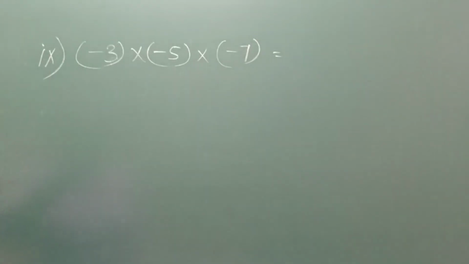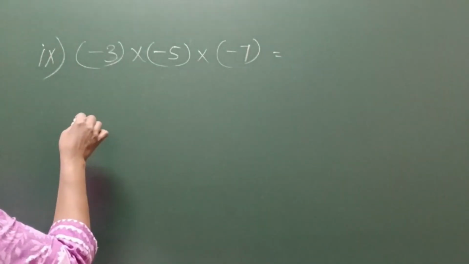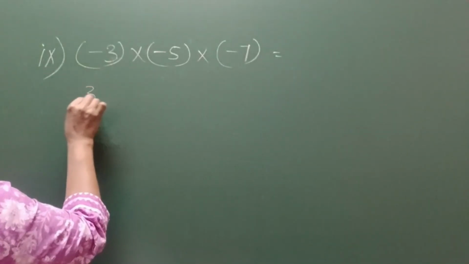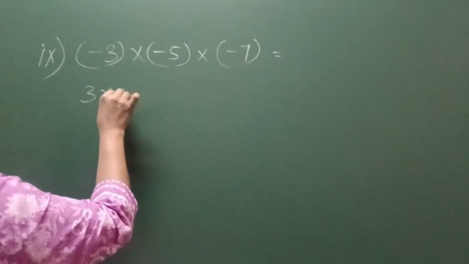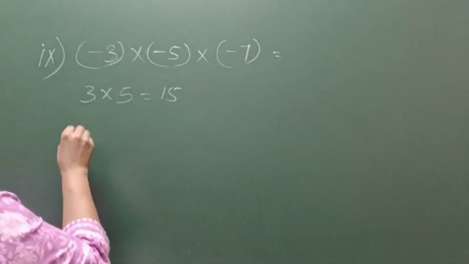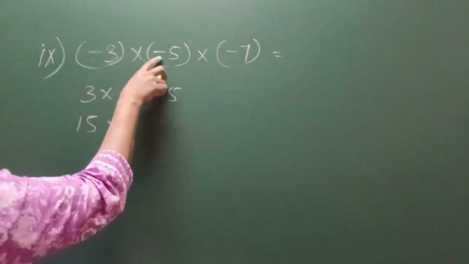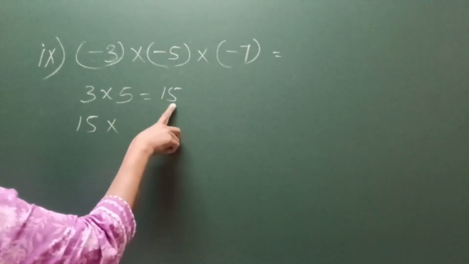Find the absolute value of each integer and then we do the multiplication. First, minus 3's absolute value is 3 and minus 5's absolute value is 5. So 3 5s are 15. Why is it positive? Because minus into minus is equal to plus. That is why this is a positive integer.